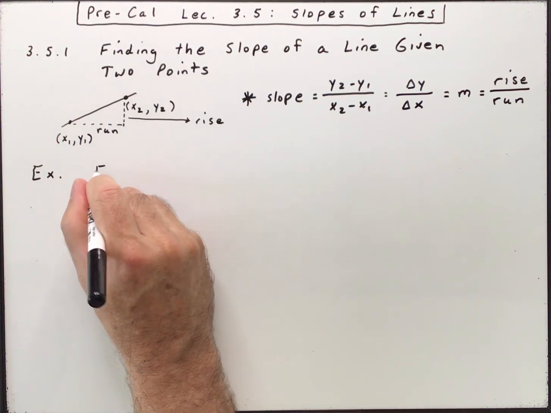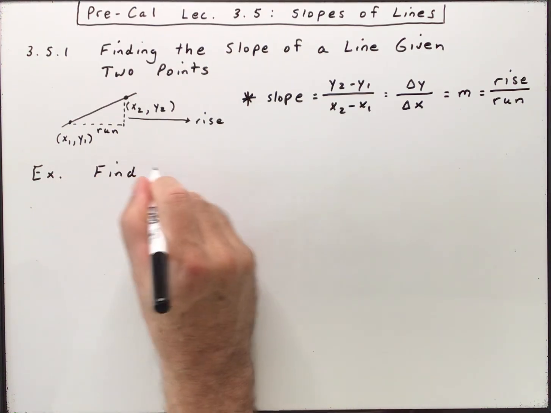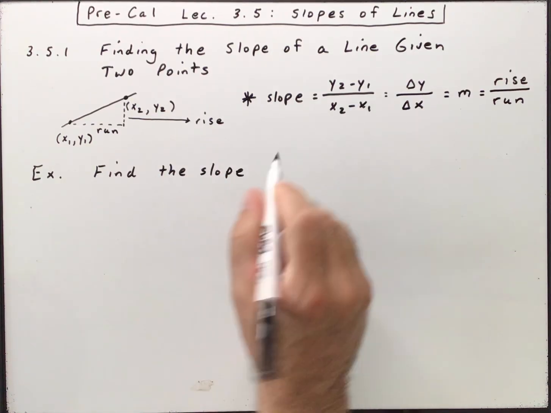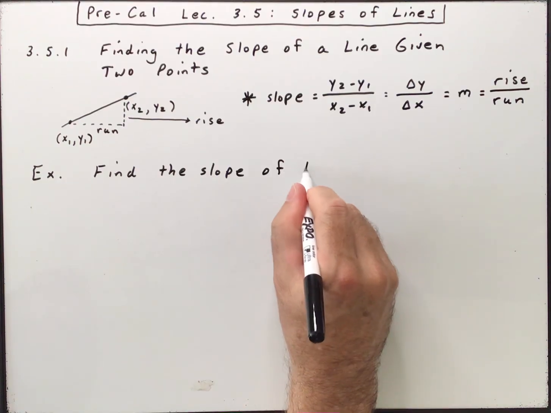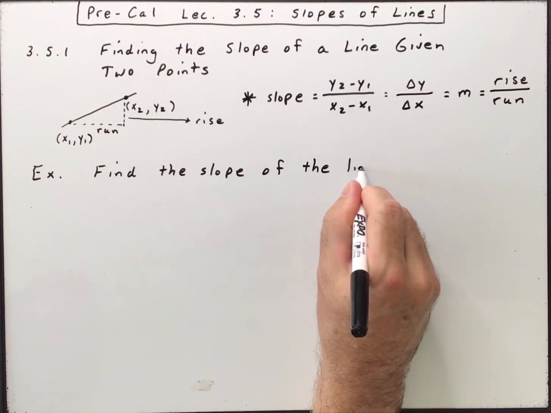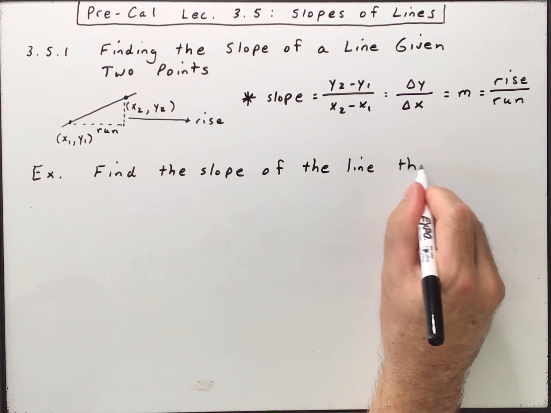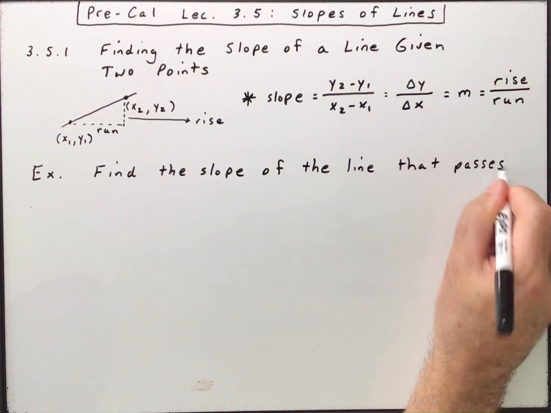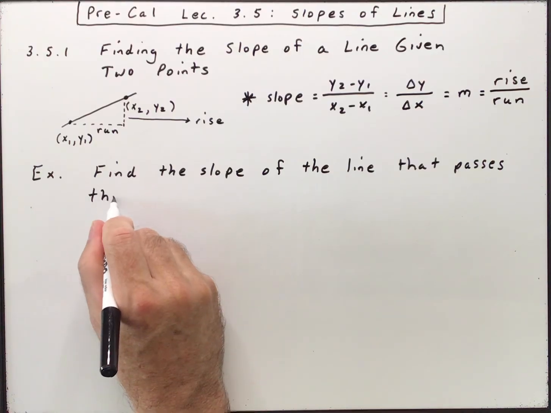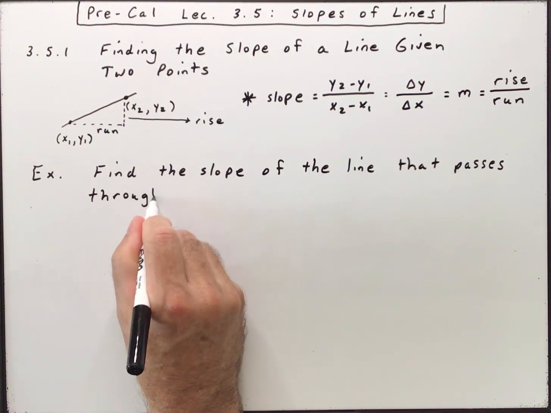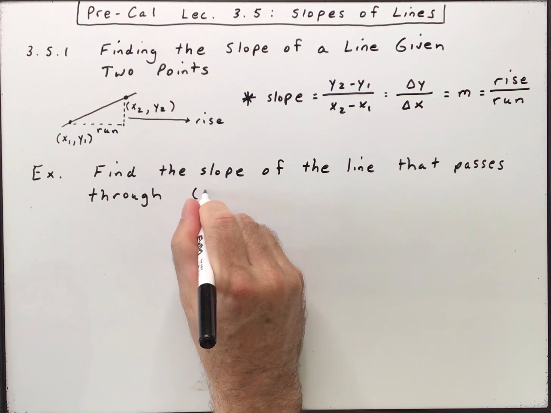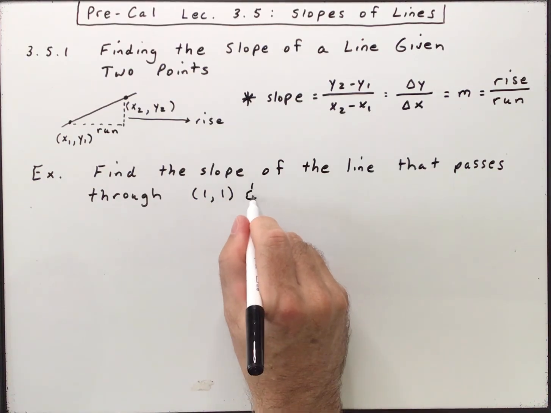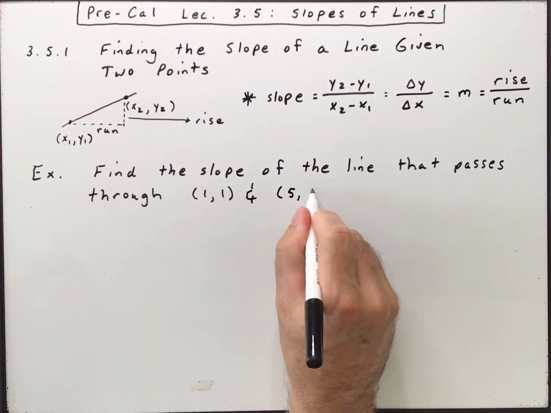Find the slope of the line that passes through the points 1, 1 and 5, 5.